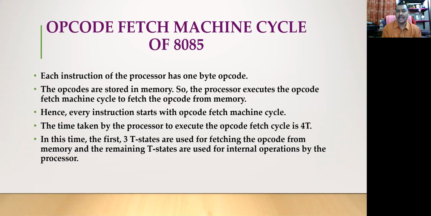Even when I have written LXI H, 21 is the opcode and the rest is data. So only one opcode is there, and to fetch that particular opcode from the memory location where we have written the program to the microprocessor, or to the instruction register, we require these 3 clock pulses or T states.